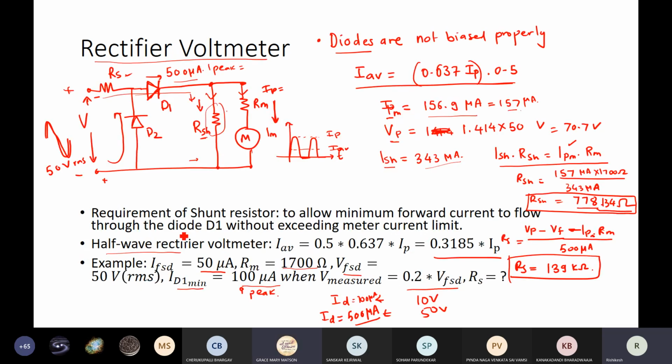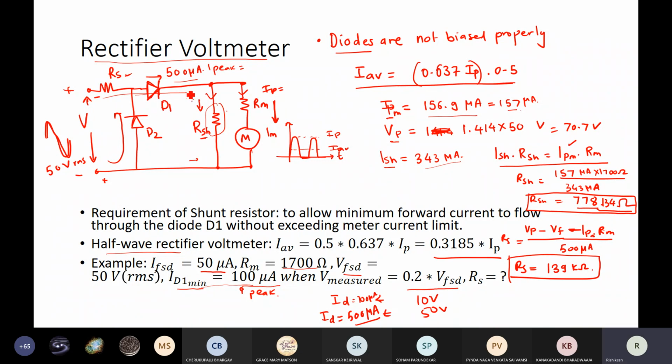Why did you take ID minimum as the peak? Because, as I mentioned, it is the minimum peak current which is required for forward bias.